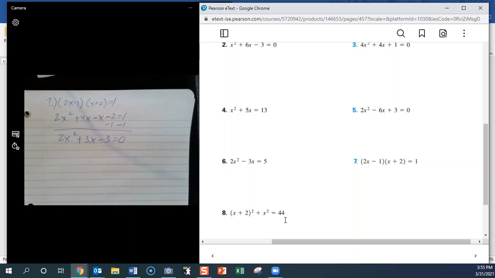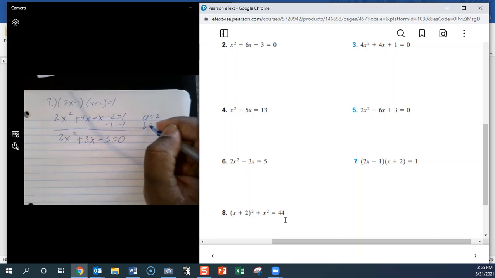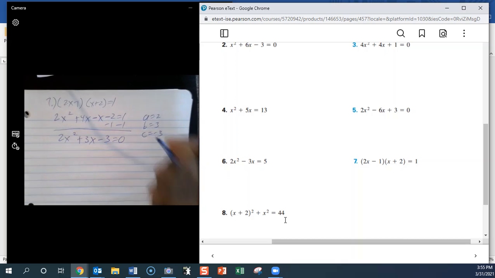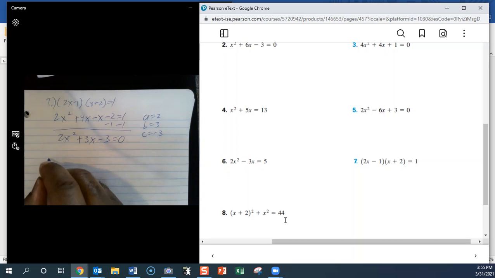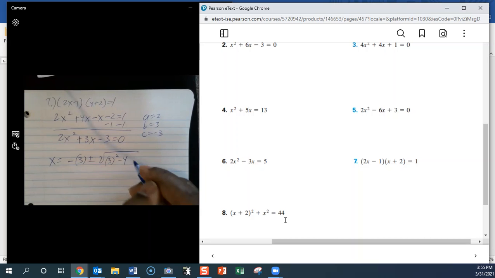Okay, so now we can do our a, b, and c. a is 2, b is 3, and c is negative 3. So we put in the quadratic formula. This would be negative 3 plus or minus the square root of 3 squared minus 4 times 2 times negative 3, all over 2 times 2.